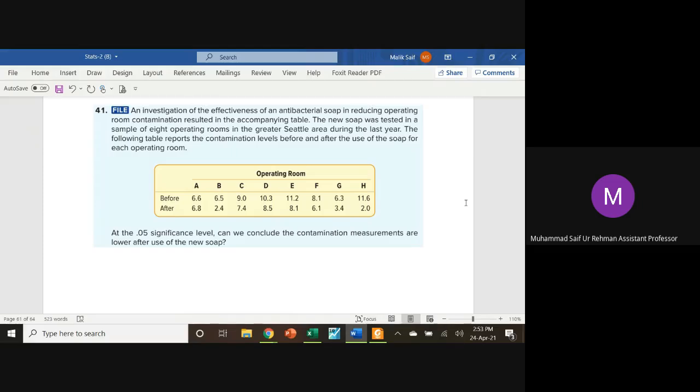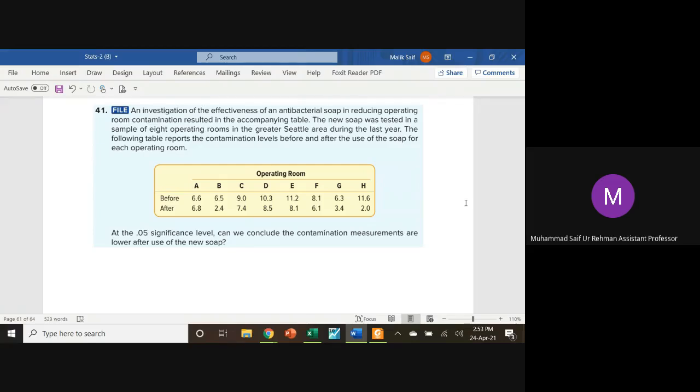The following table reports the contamination levels before and after the use of soap for each operating room. At the 0.05 significance level, can we conclude that the contamination measurements are lower after use of the new soap?